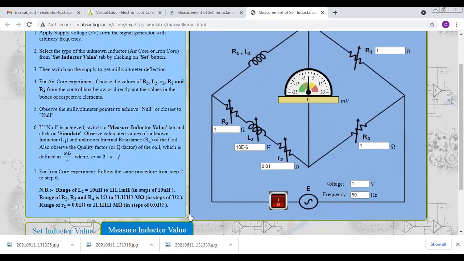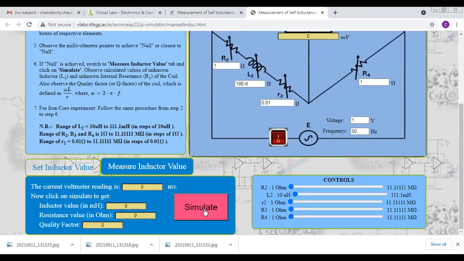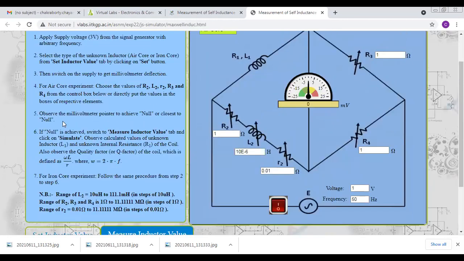Observe the multimeter pointer, and if the null position is there, measure the inductor value. Then the next step, click the simulation. Observe the calculated value. This is the unknown L1, and the unknown resistance of the coil R1.